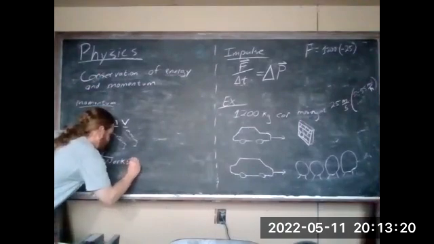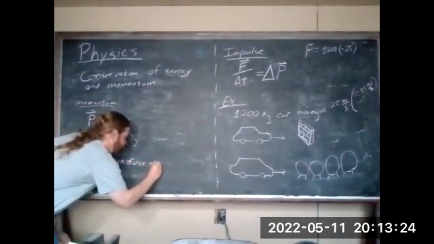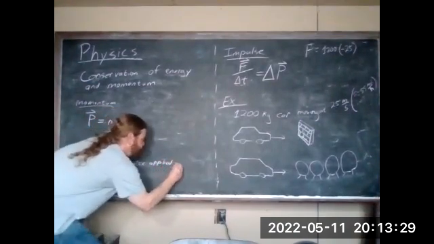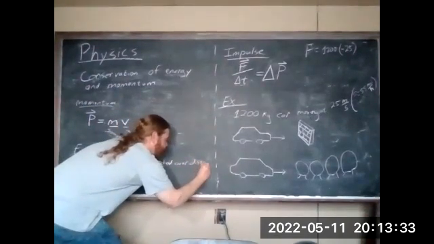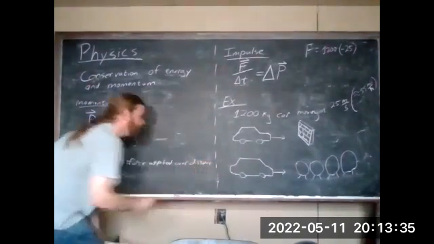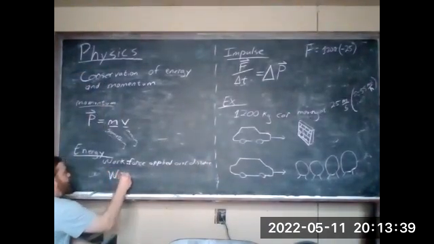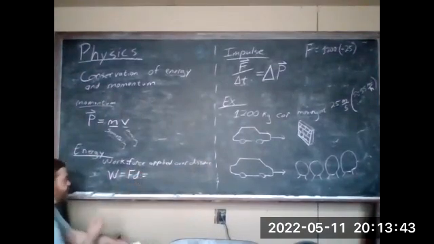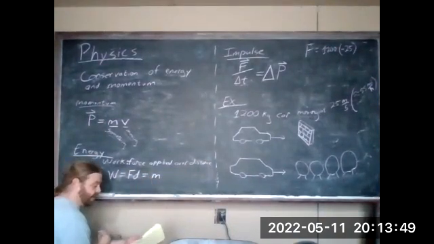Force applied over a distance is a good way to start thinking about it. So our formula is work is force times distance, where force is mass times acceleration.